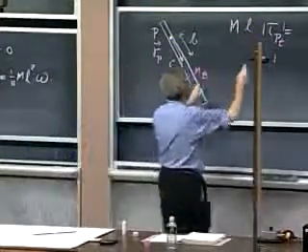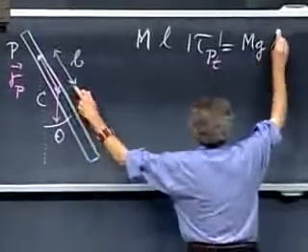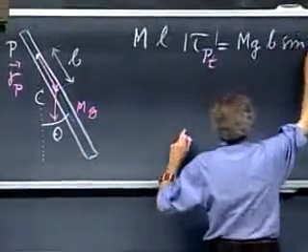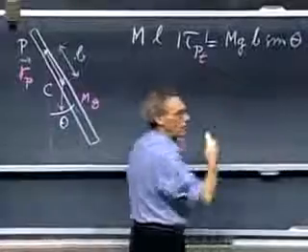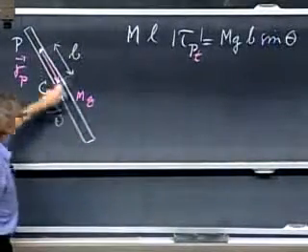So the magnitude of that is going to be mg times b times the sine of theta. This is the magnitude of r cross F. This being F, this being r.